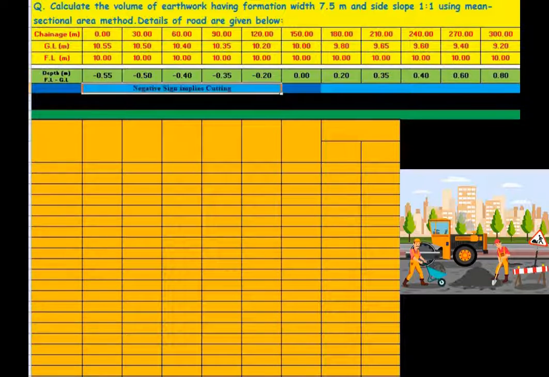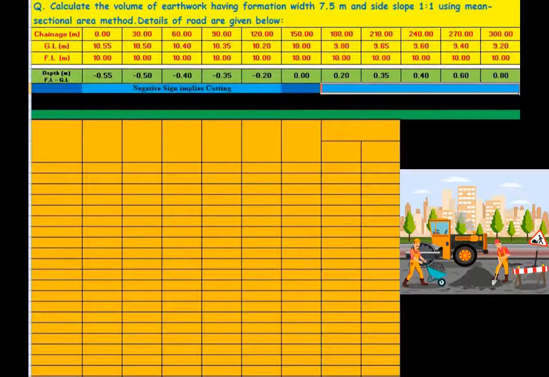The negative sign implies cutting and the positive sign implies filling. When the ground level is above the formation level, we need to cut, and when the ground level is below the formation level, we need to find out the volume of earthwork for filling.